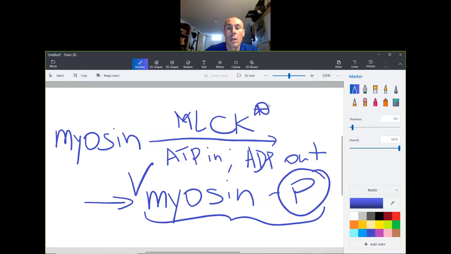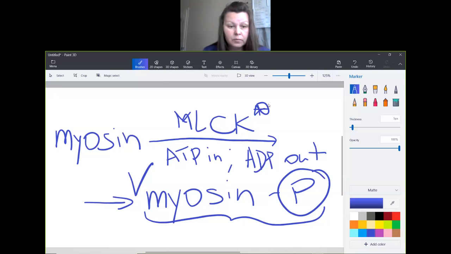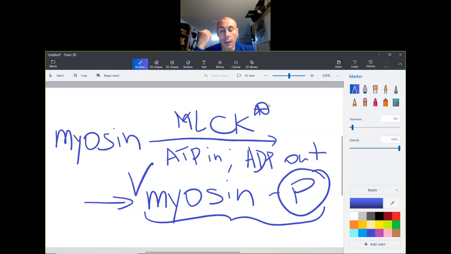We have to get calcium first. Calcium has to bind to calmodulin. The complex of calcium and calmodulin has to activate MLCK. MLCK has to phosphorylate, add phosphate to myosin, and only after that can contraction ensue.